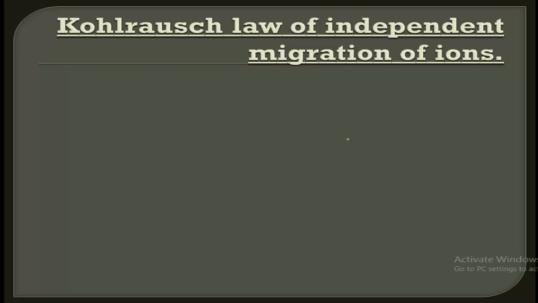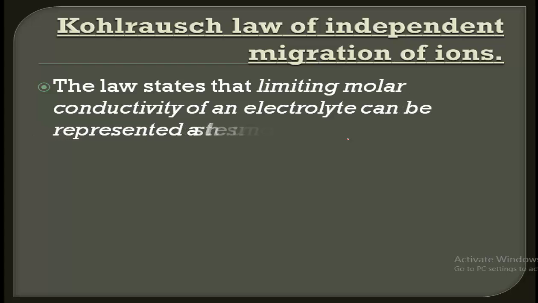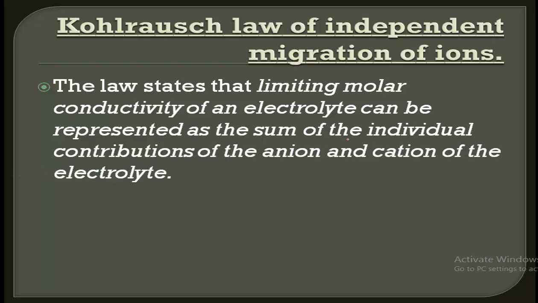Let's see what Kohlrausch's law states. It states that the limiting molar conductivity of an electrolyte can be represented as the sum of the individual contributions of the anion and cation of the electrolyte.